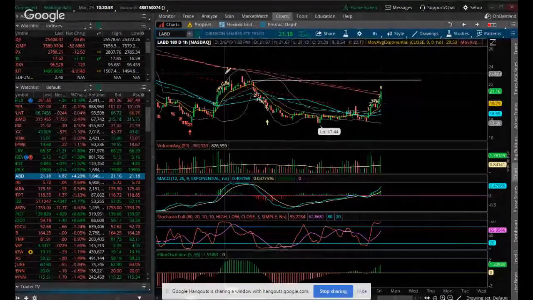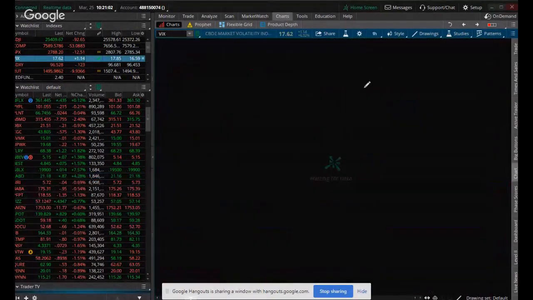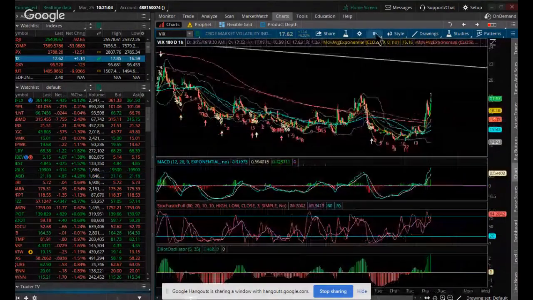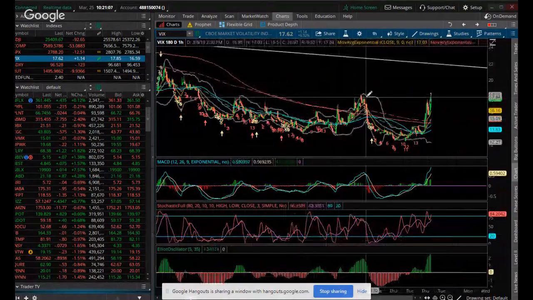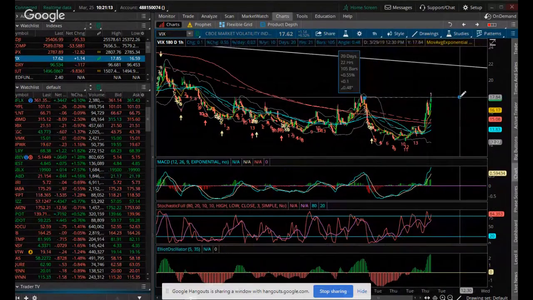So we will see if that holds. And we see the VIX also on the hourly, same deal. See if it closes above it and confirms.